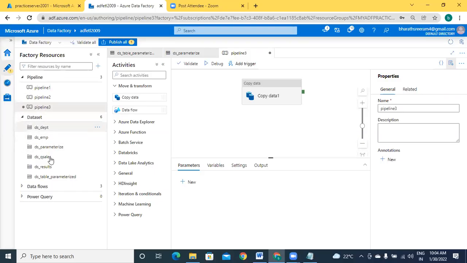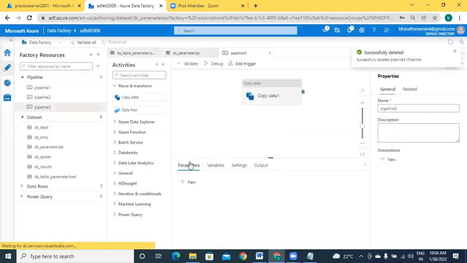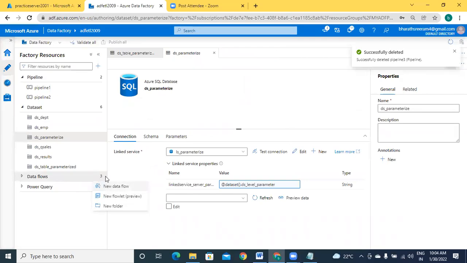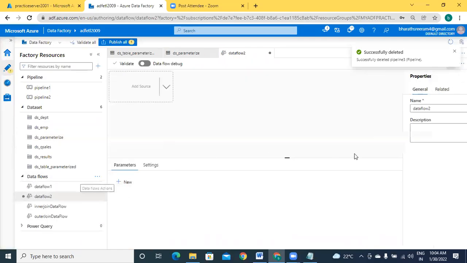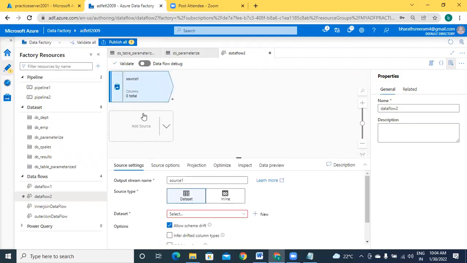And come to data flows. Instead of doing this, a new data flow. Source 1, source 2, source 3. 3 separate sources. Here customers, here maybe products, here maybe transactions.